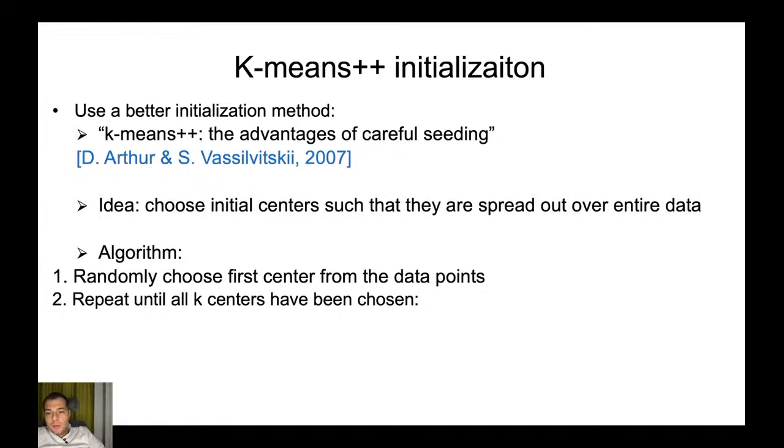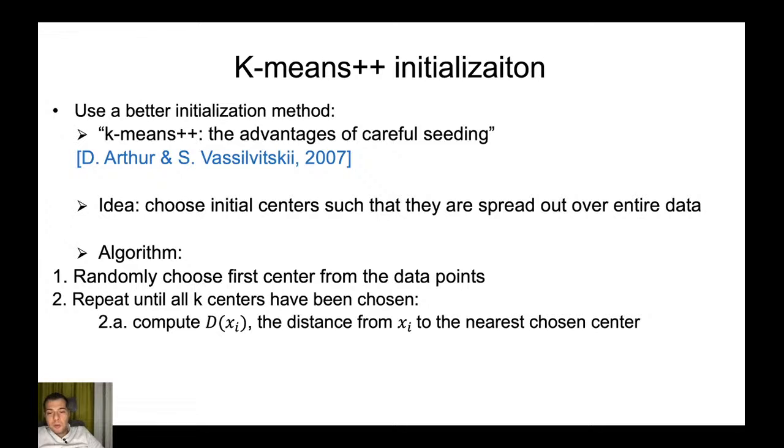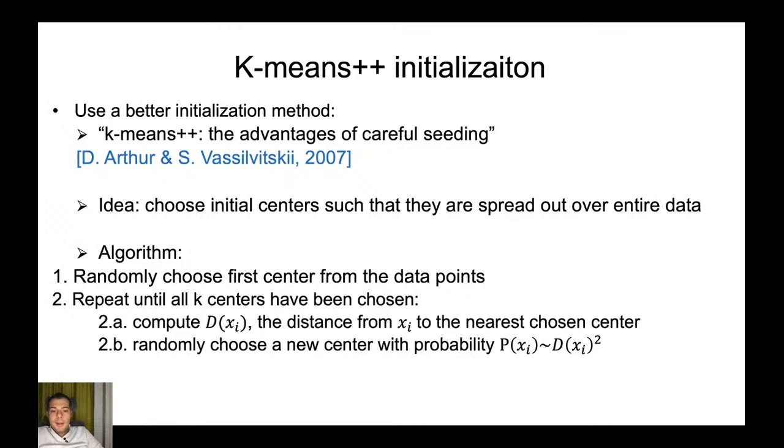And then you try to choose the other centroids. First you compute the distance from the data point xi to the nearest chosen center. So you choose the centers and then you compute these distances. And then you randomly choose a new center, considering the probability p of xi proportional to the square of the distance.